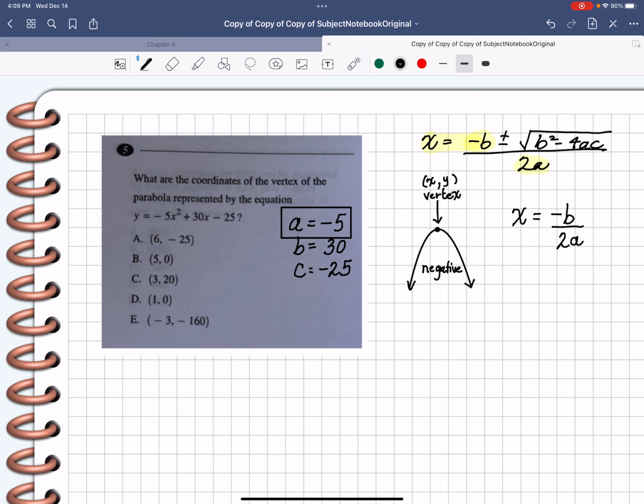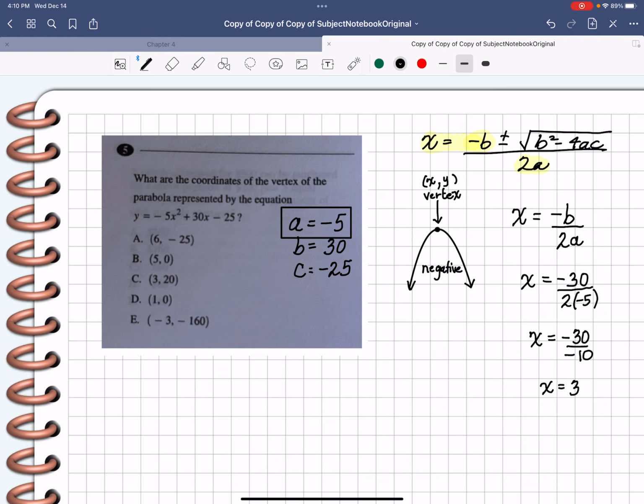And this will always work to give you just the x part of your vertex. So b, as we've already described, is 30, and we want to make that -30. And then a is -5, so we're going to bring that in. So we're left with the x part of the vertex being -30 over -10, and x is +3.